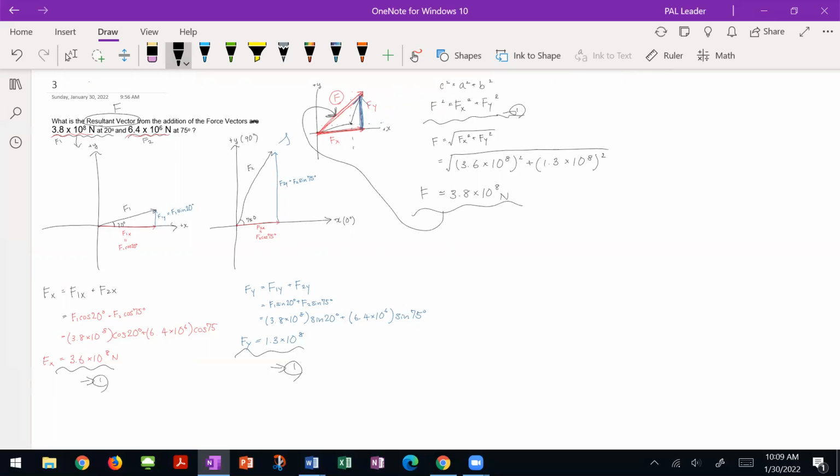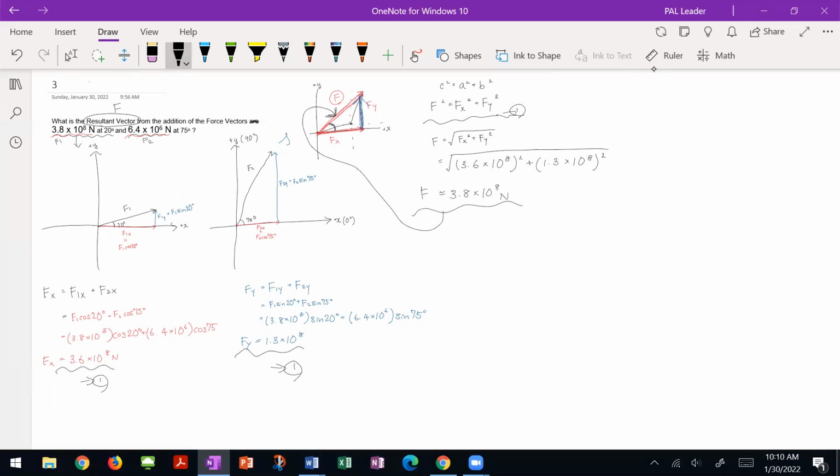And are we asked to find the angle right here? Maybe. We'll just find it. So, again, we have a simple triangle. We know all the sides, but we're just looking for the angle. That means that you can use cosine, sine, tangent, whatever you want. It doesn't make a difference because you're going to get the same answer anyway.